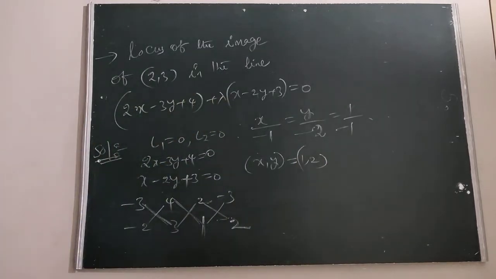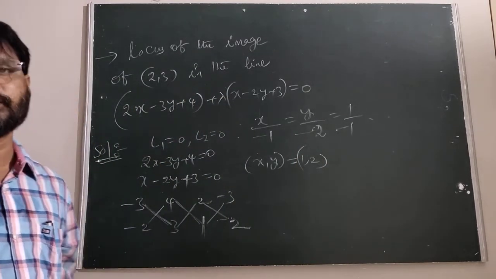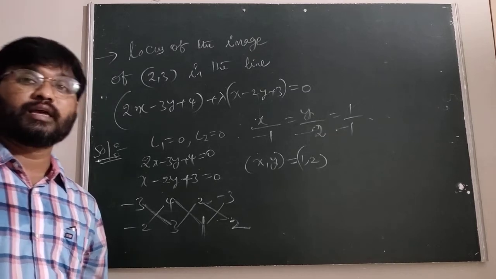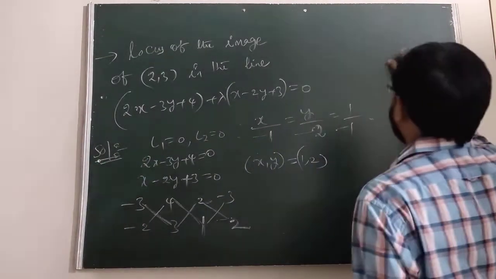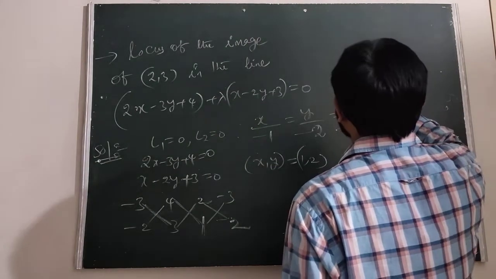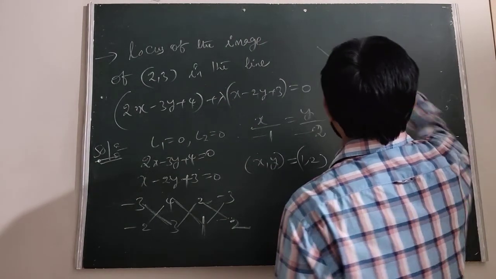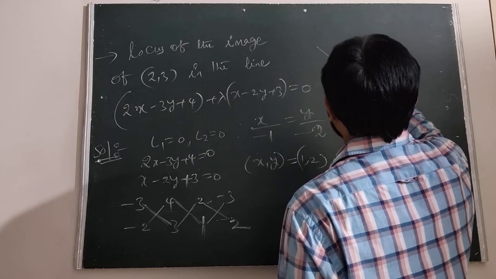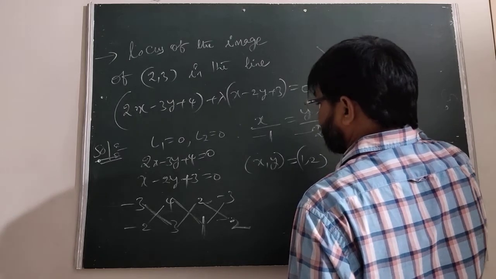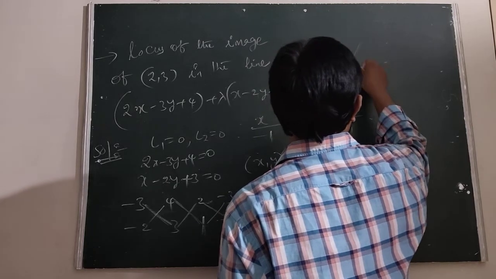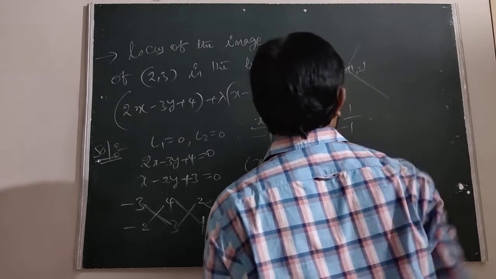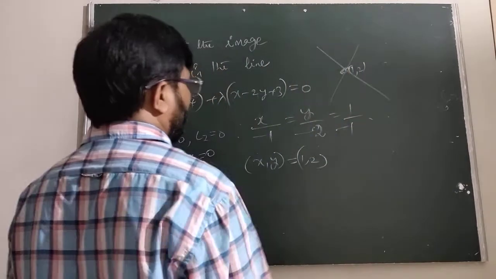Now we have to find the image of (2, 3). All of you listen here. The family of lines are intersecting at (1, 2).